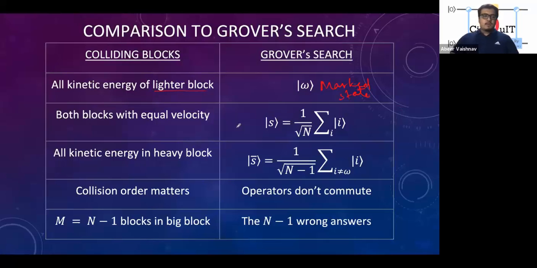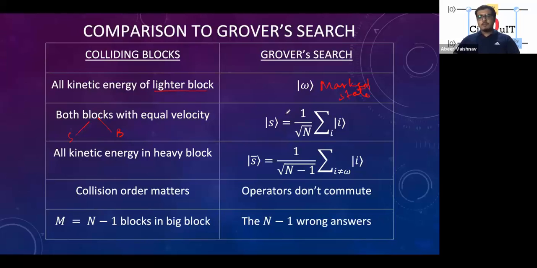The second thing that we notice is that both of the blocks, the small and the big block, have equal velocities. When they have equal velocities, this is represented by this particular thing. That means my state is in an equal superposition of those velocities.